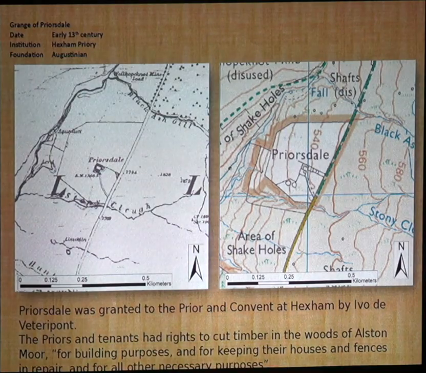The area here would never have been hugely wooded. Most of the woodland would have been in the valleys, and there really isn't very much woodland today, I have to say. But there would have been woodland, but it would have been carefully managed and preserved, so anything that was cut would have been replaced.